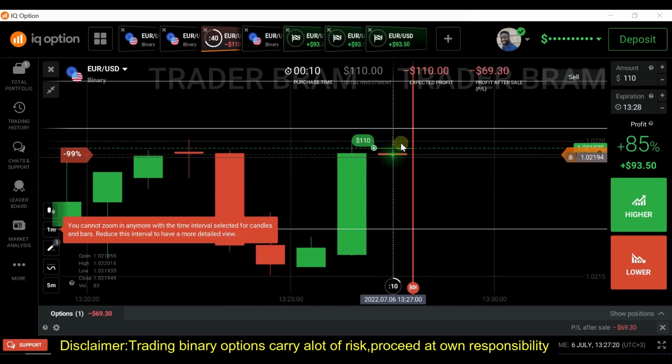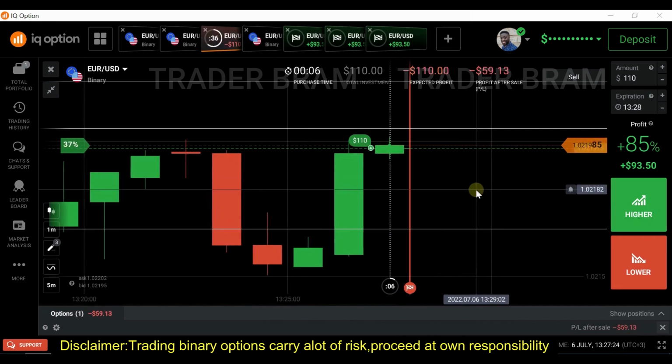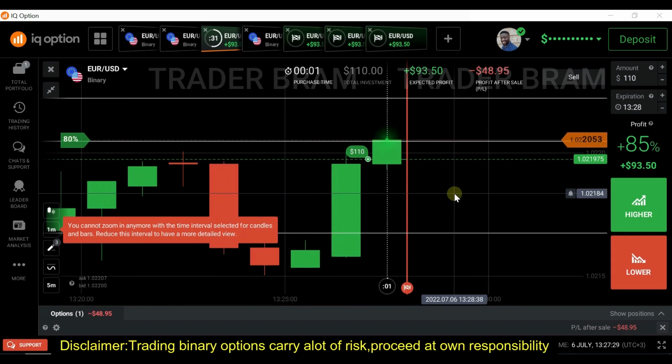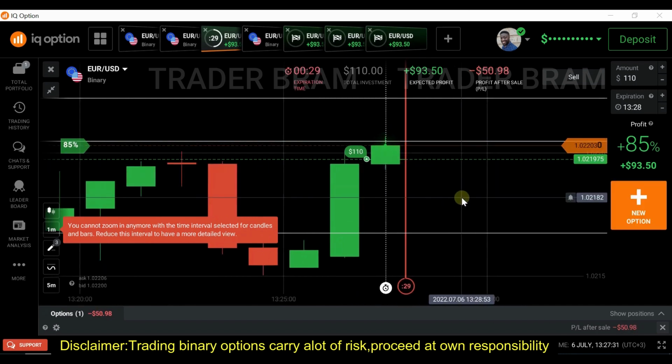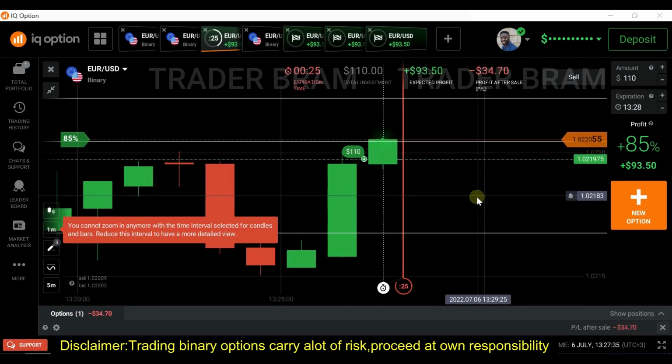So I anticipate that the buyers who are present here will push higher to our level of support and resistance. So you can see the buyers are pushing higher. Let's wait and see how this candle will close.